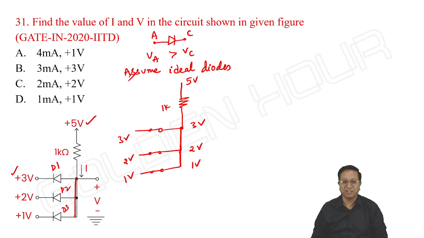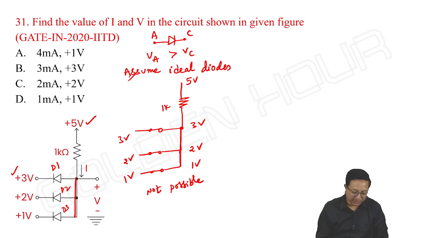Which is absolutely wrong. It is not possible. Without calculation of the current through the diode, this is how we can conclude. Then what is true? If D1 is on, 3 volts will be coming here. The 3 volts makes the diodes D2 and D3 also conduct, so this is a circuit which is not possible.